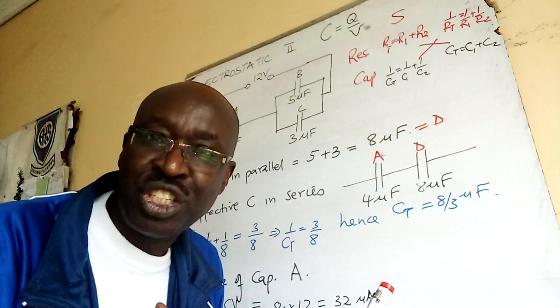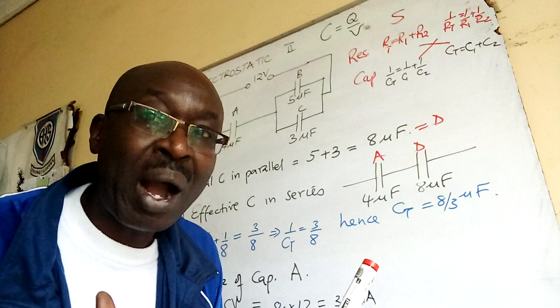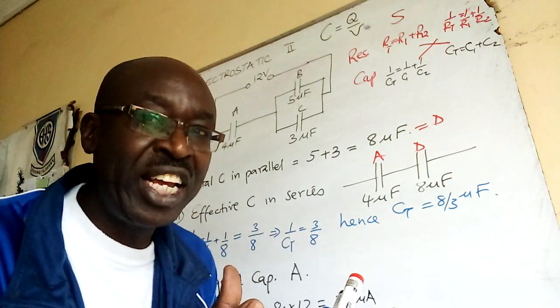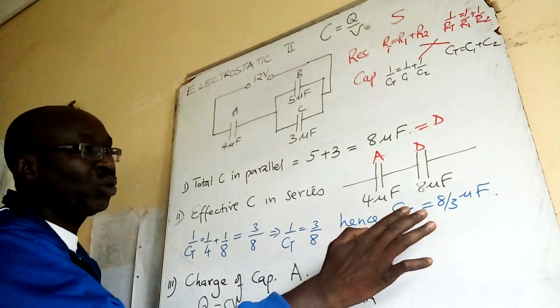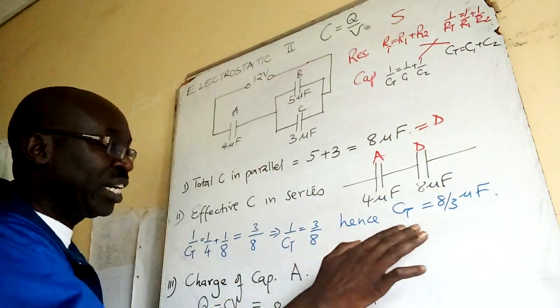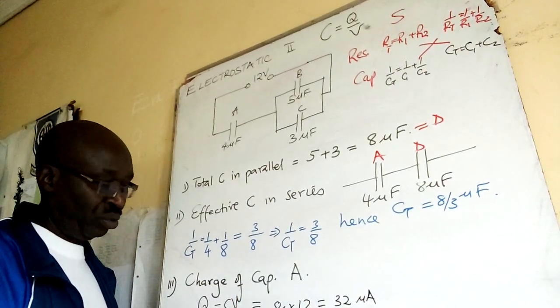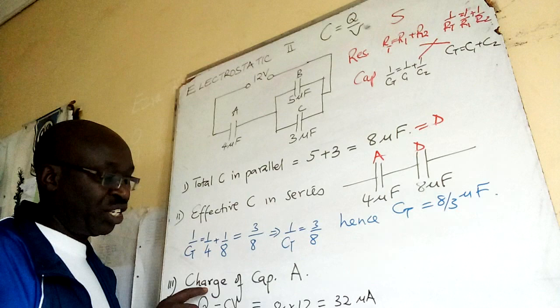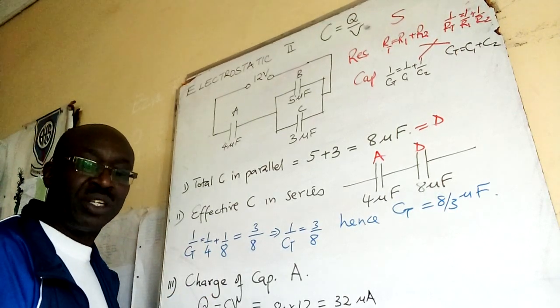It is an analogy. That is how it will behave in capacitors, but the wording will be different. So this is the effective. Anytime I reach there, I must get Q. So charge is equal to C times V.